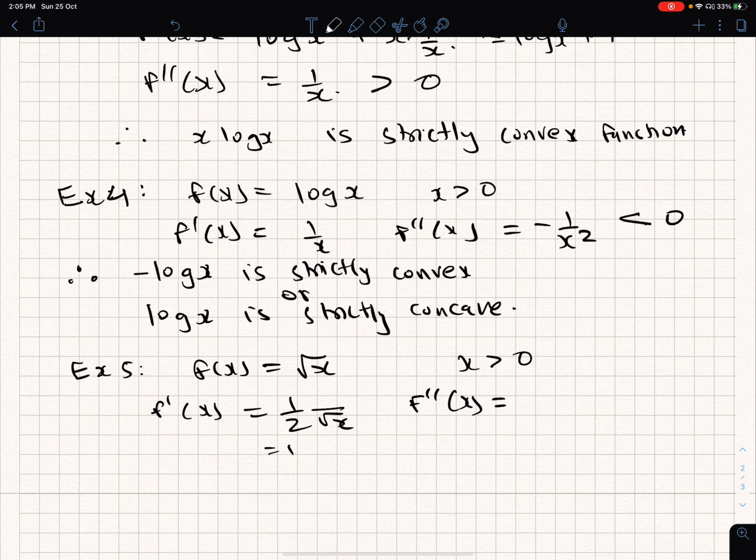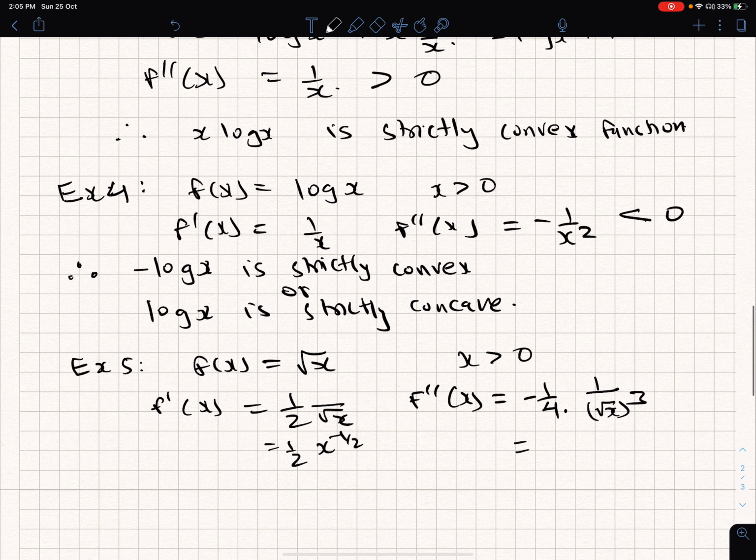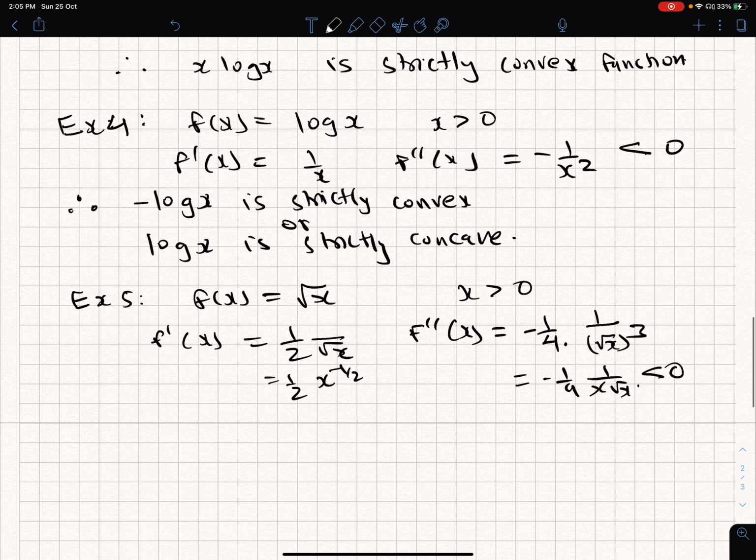So this is half of x to the power minus half, so minus 1 by 4 into 1 by under root of x cube, that is, minus 1 by 4 x root x, which is again strictly less than 0.